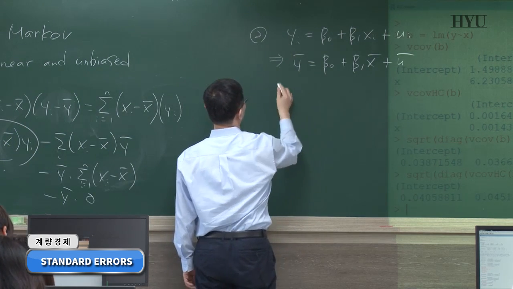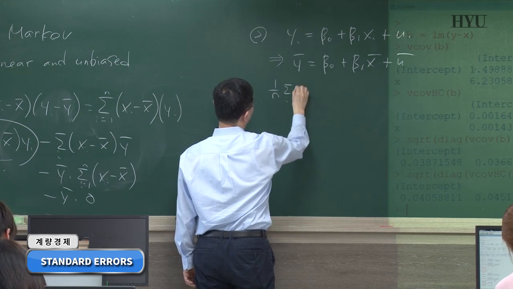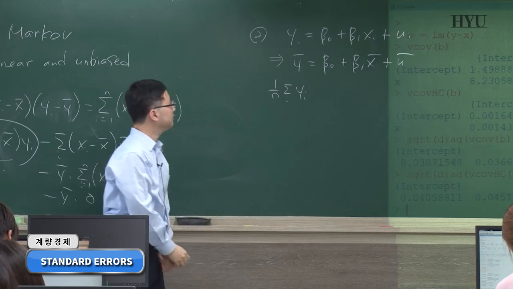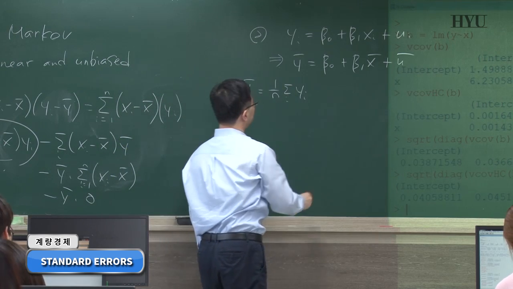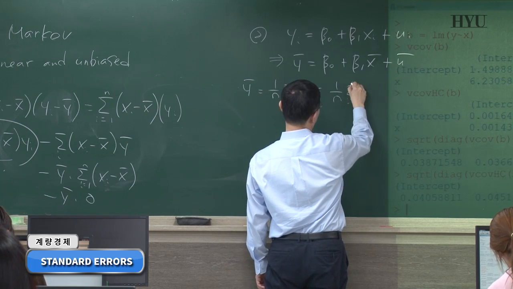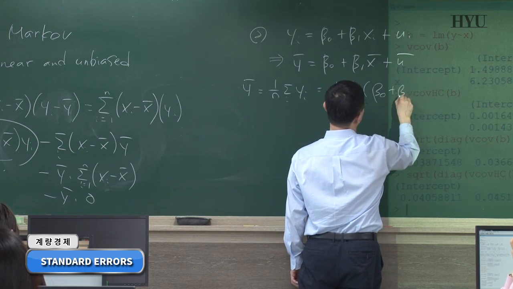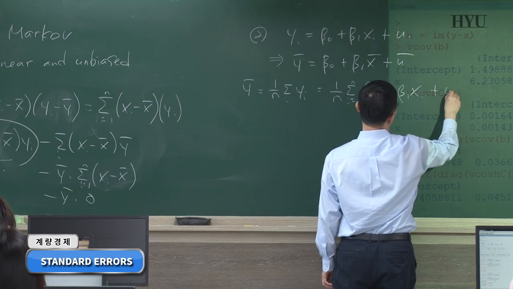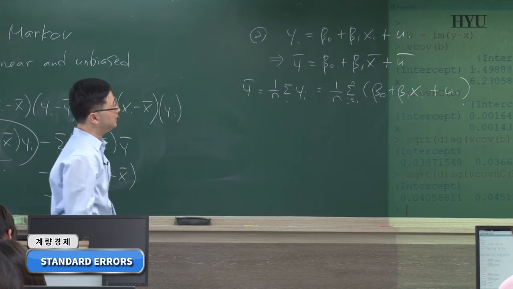So let's start from here. Let's just calculate the sample mean of yi. So that's y bar. What is it? Now if we trust this model, we can use the left-hand side of the model for y.